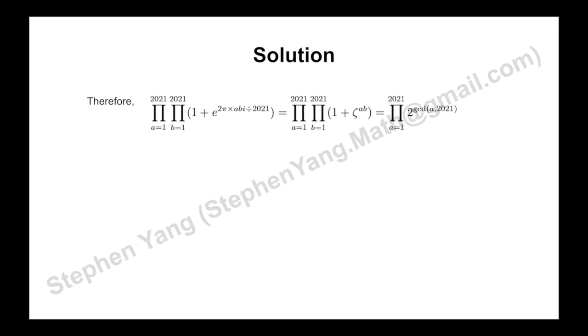Therefore, our original expression without the log is equal to the product for a equals 1 to 2021 of 2 to the GCD of a and 2021's power.